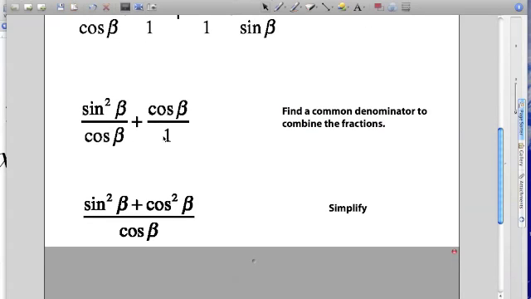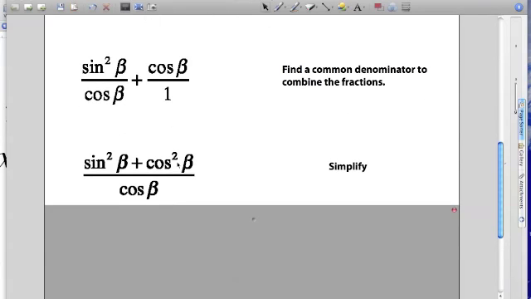You see the cosine and the 1 in the denominators, so automatically my denominator is going to be cosine. Since this already has a cosine, I don't need to do anything. So I bring the sine squared down. On this side, I need to multiply the 1 times cosine, so I have to multiply the top times cosine as well. Cosine times cosine, of course, is cosine squared.